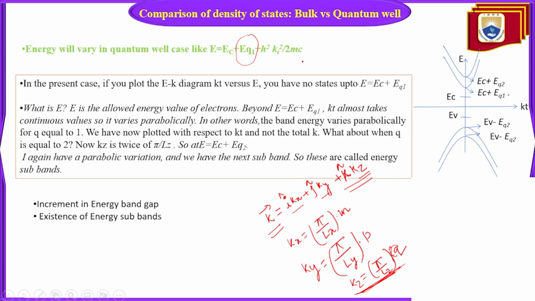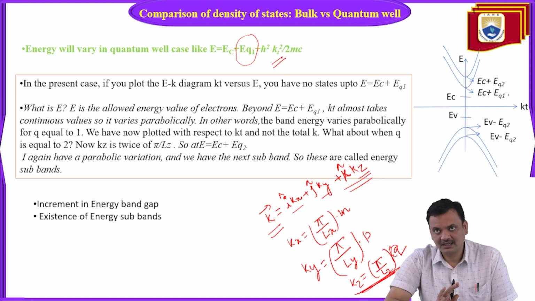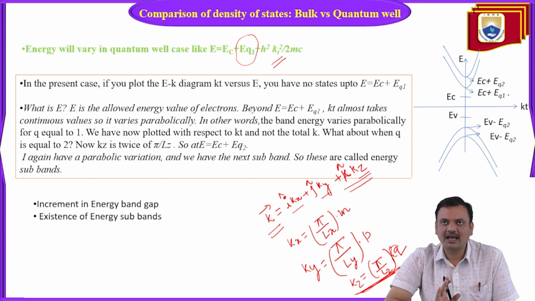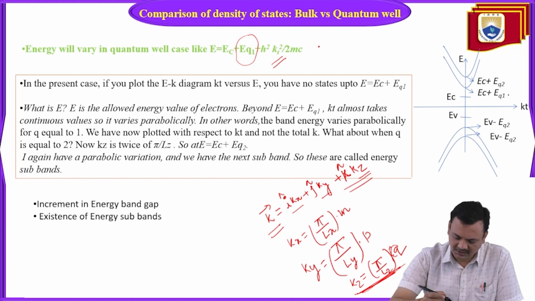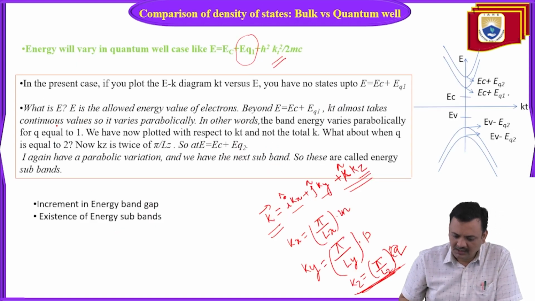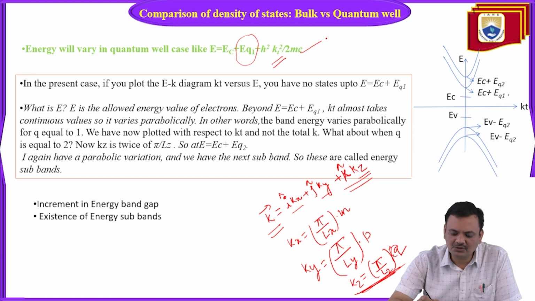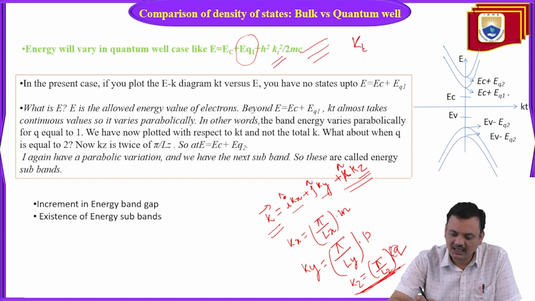Now this energy varies or depends on kt, not k, the transverse component of the z direction, meaning x and y direction. Okay, so like the previous case I told you in the bulk case, if k is equal to 0, you get E is equal to EC, the band edge energy. But in the quantum well case, this is your energy expression, and it depends on kt.